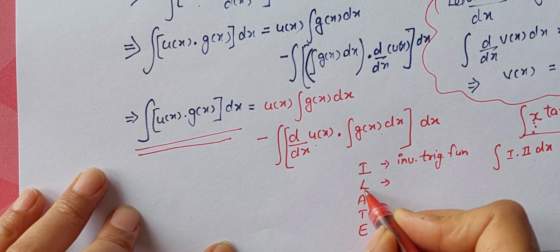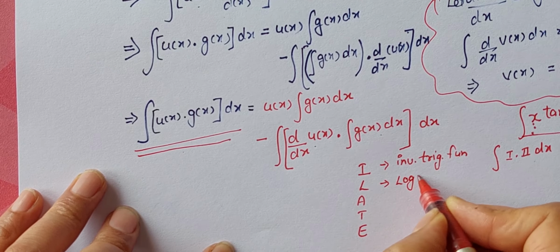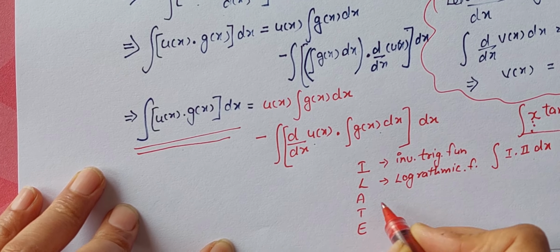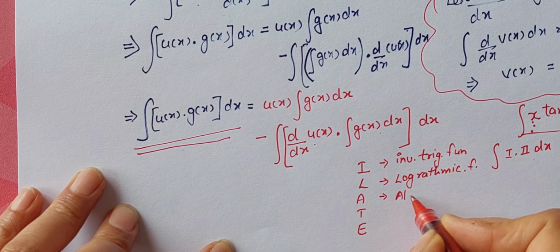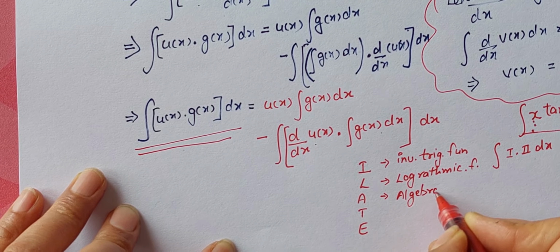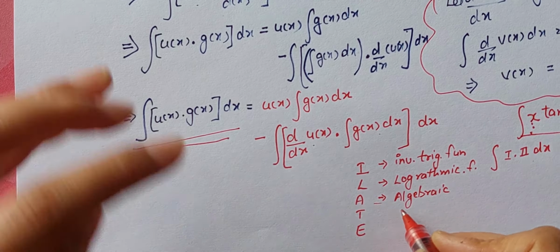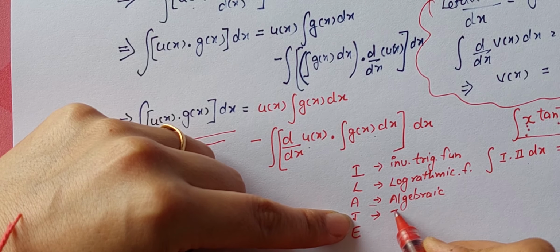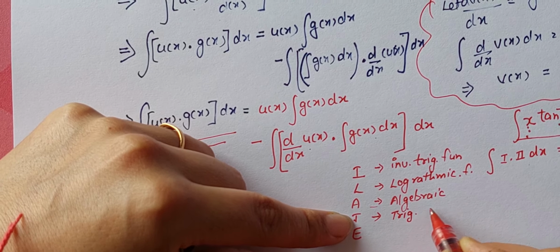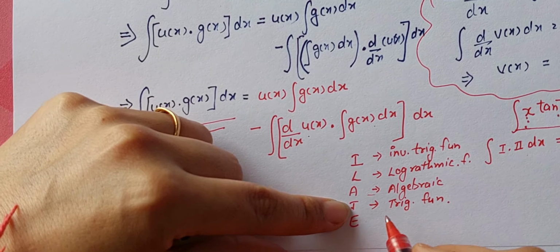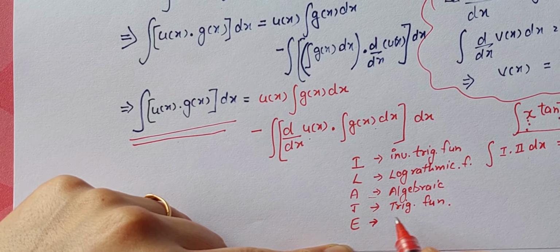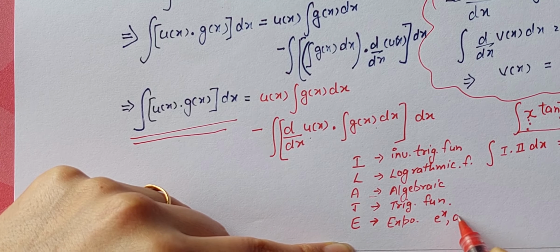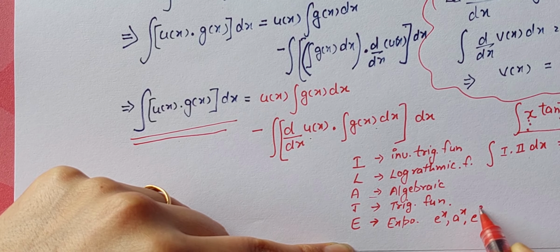Okay, then L is logarithmic function. And then A is algebraic function, like x square, x cube, you can say the polynomial function also. And here we have T, our trigonometric function like sine, cos and all. Okay, and then E is our exponential function.